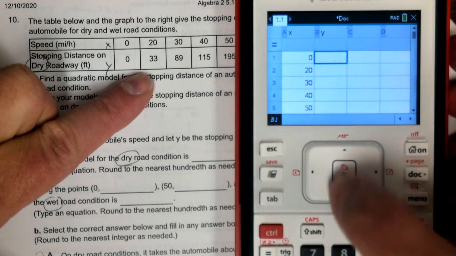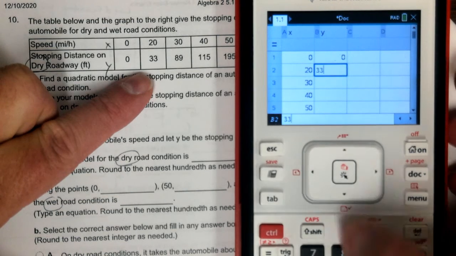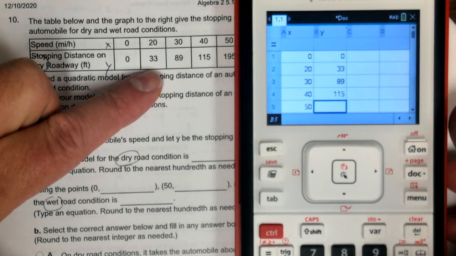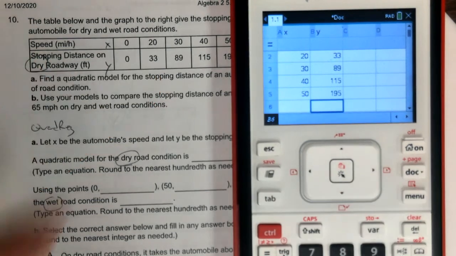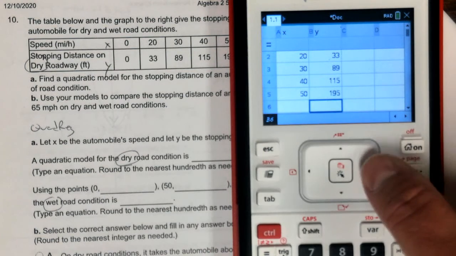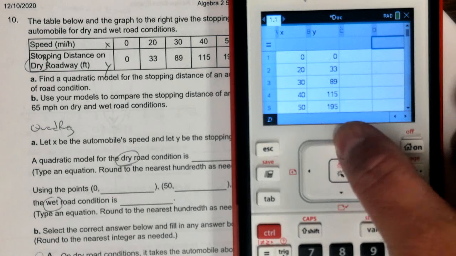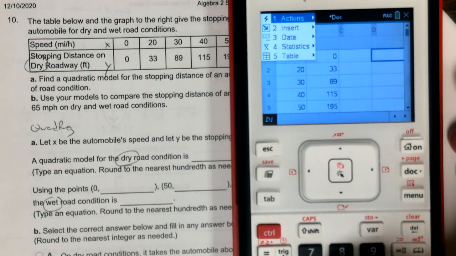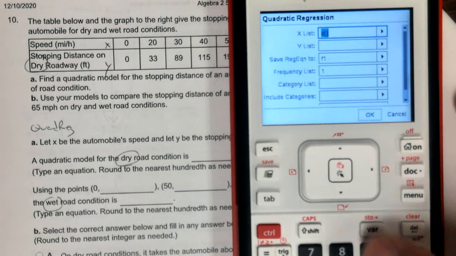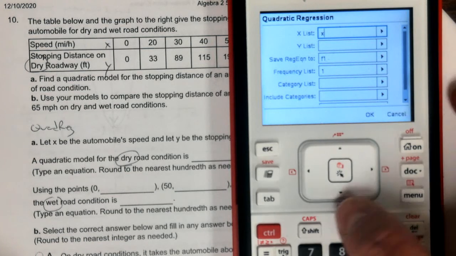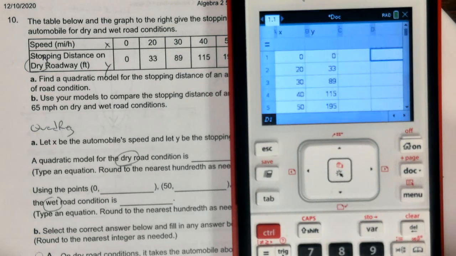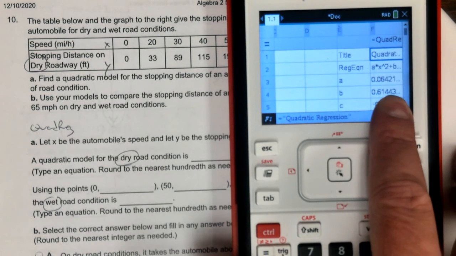And then over here, 0, 33, 89, 115, and 195. Okay, so there's your points, and then again I would go up to like cell D1 and then do menu, statistics, stat calculations, then quadratic regression. This is where you'd put x and y, because that's what we labeled it. And that's your values.